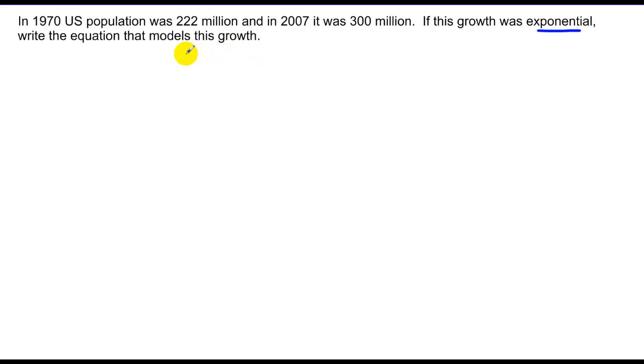So what we do is we start out with the initial amount, which is 222 million. I'm just going to use the 222. That's multiplied by e to the kt. But in this case, we go from 1970 to 2007, so that ends up being a total of 37 years.